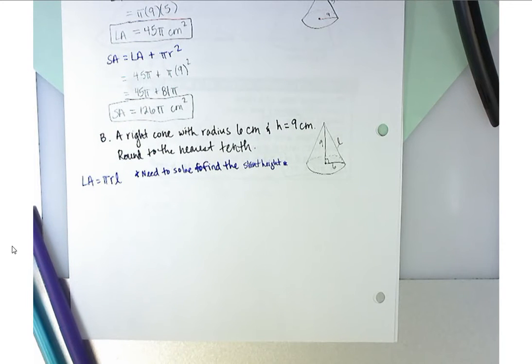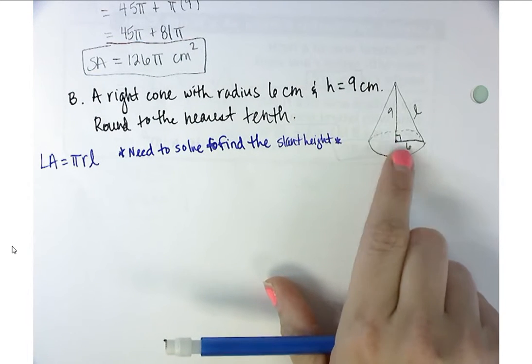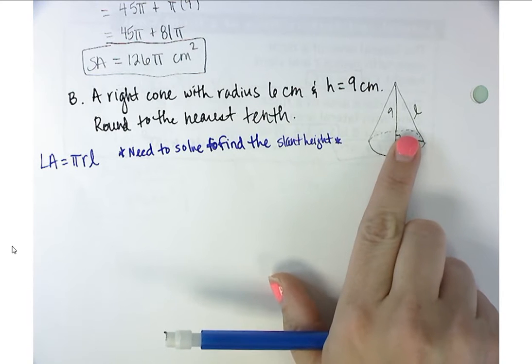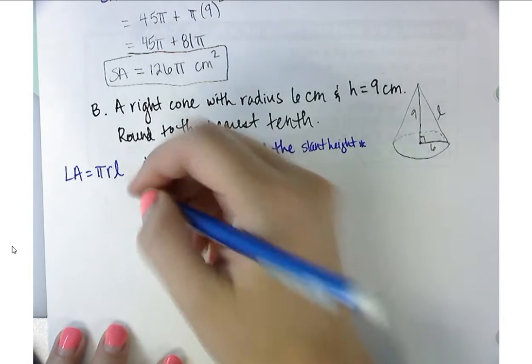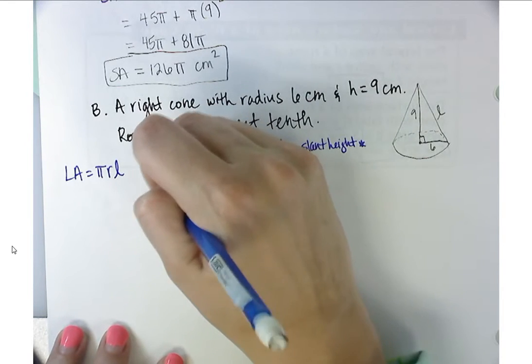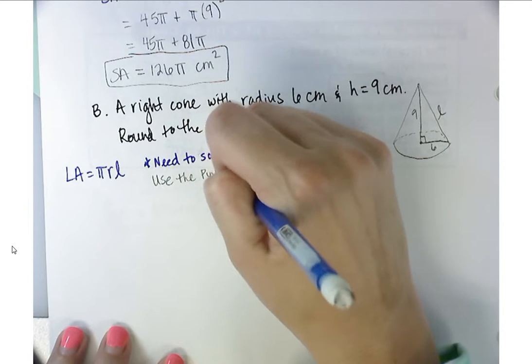And then you have to find the slant height, which is here. Brandon, do you know what you have to use? Yeah, and you can use it because you have a right triangle here. Can you guys see how this setup is going to be a right triangle? So we're going to solve by using the Pythagorean theorem.